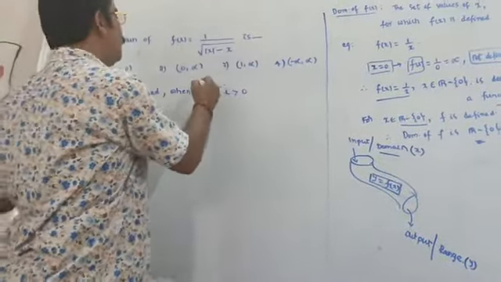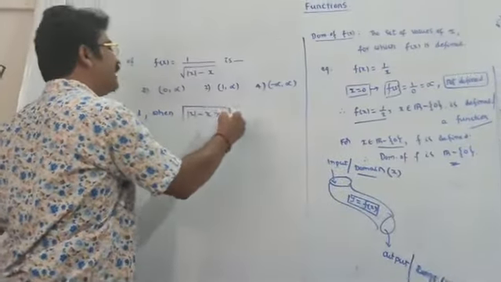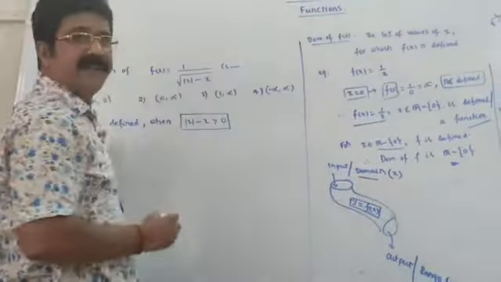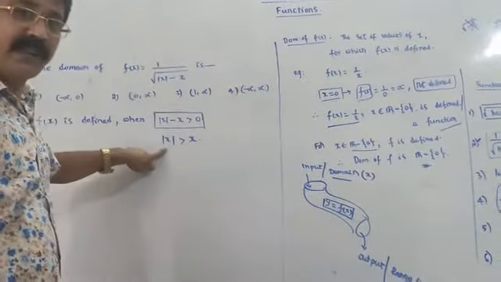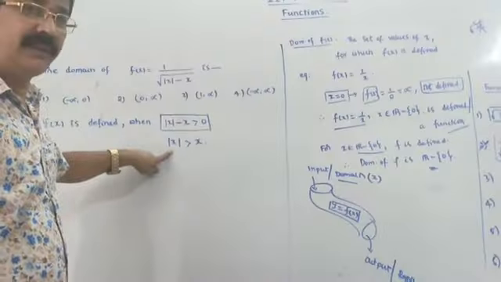Now we have to find the values of x so that this condition is satisfied. So modulus of x is greater than x. Can you find the values of x so that modulus of x is greater than x?